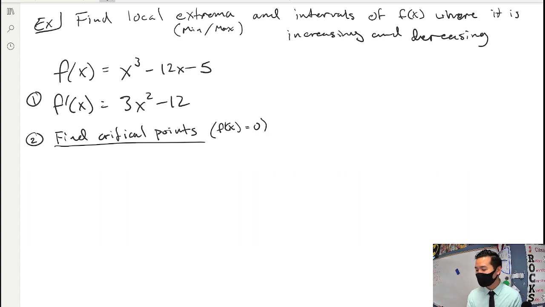Yeah, there's two possibilities. Critical points occur when the derivative is equal to 0, or the derivative does not exist. Yeah, not differentiable. And I'm not including that in this one just because, honestly, it's probably differentiable everywhere, right? It's no corners or cusps on this thing, right? And it's also continuous. So let's go ahead and do that real quick. Let's set 3x squared minus 12 equal to 0. Let's solve that real quick.